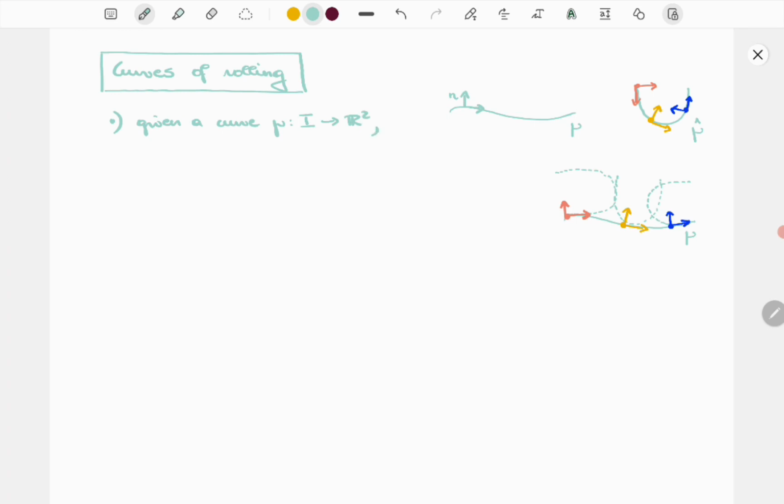And without loss of generality, we assume that gamma is parameterized by arc length. And then any curve gamma hat, which is also parameterized by arc length, can at least locally be rolled onto gamma.